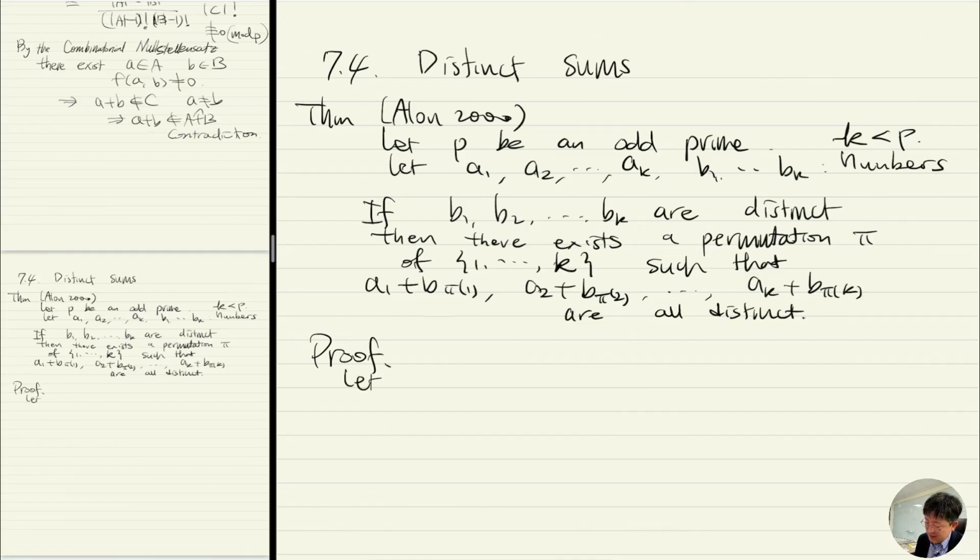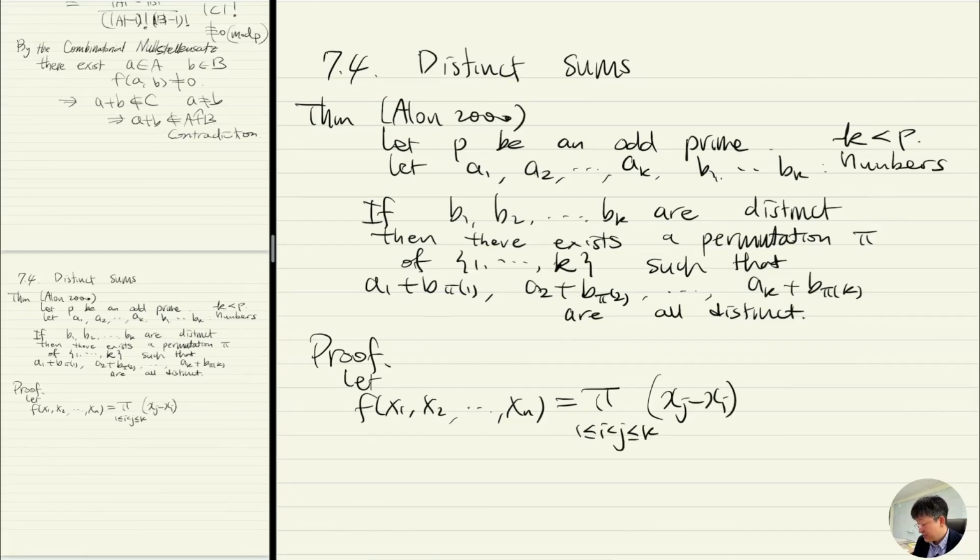So let's define f of x1, x2, ..., xk as follows: the product of xj minus xi, times the product of xj plus aj minus xi minus ai.